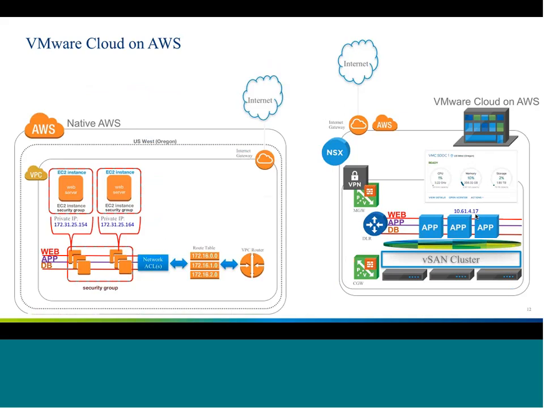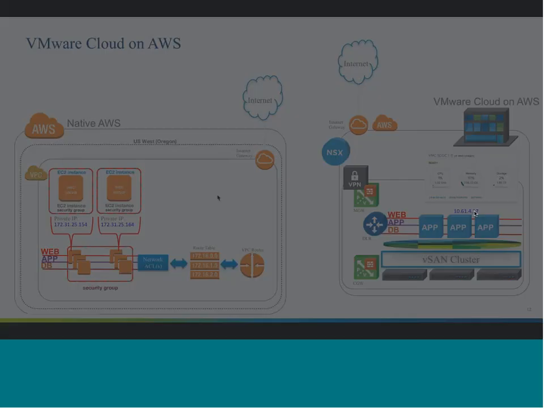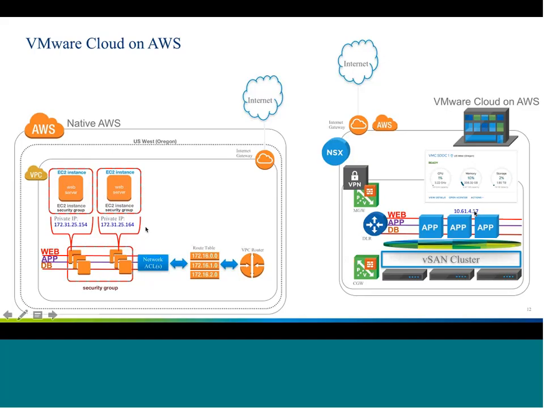I want to dig a little bit into the access to the native AWS services here. When you deploy your VMware Cloud on AWS SDDC, you put in the account ID of where you have your EC2 instances, S3 buckets, basically your native AWS services running.